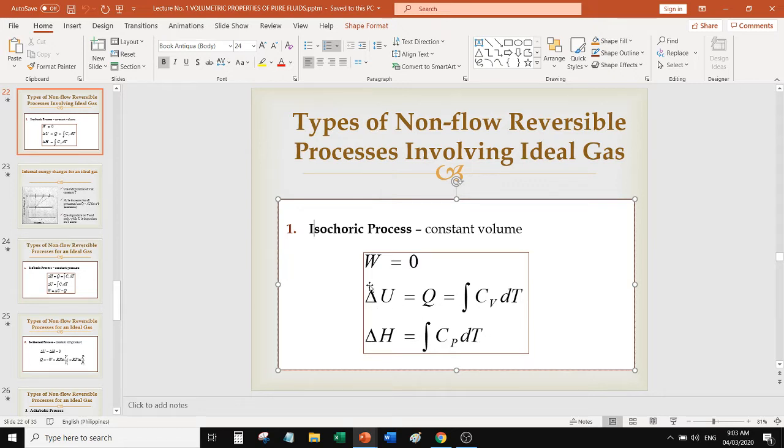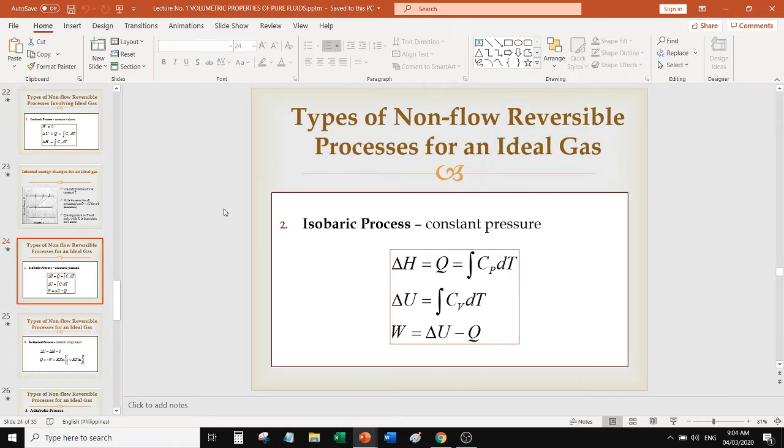Okay, so since work is 0, then the equation for closed processes, delta U equal to Q plus W, the work there is 0, that's why delta U equal to Q.